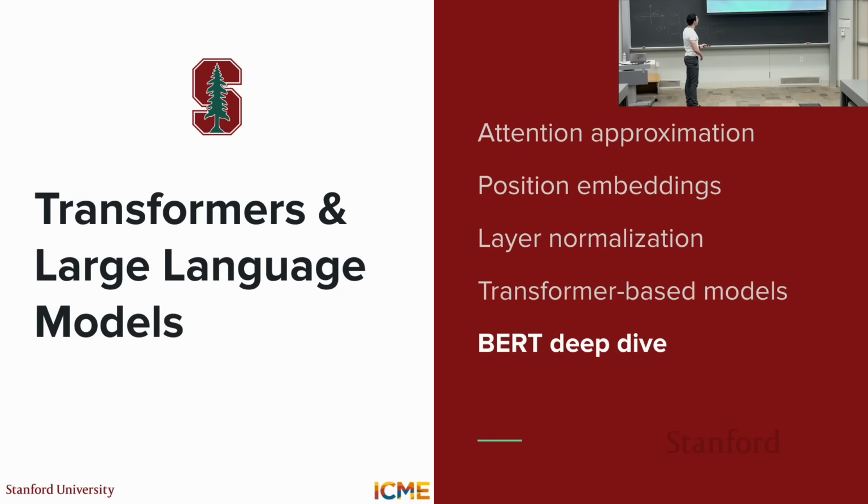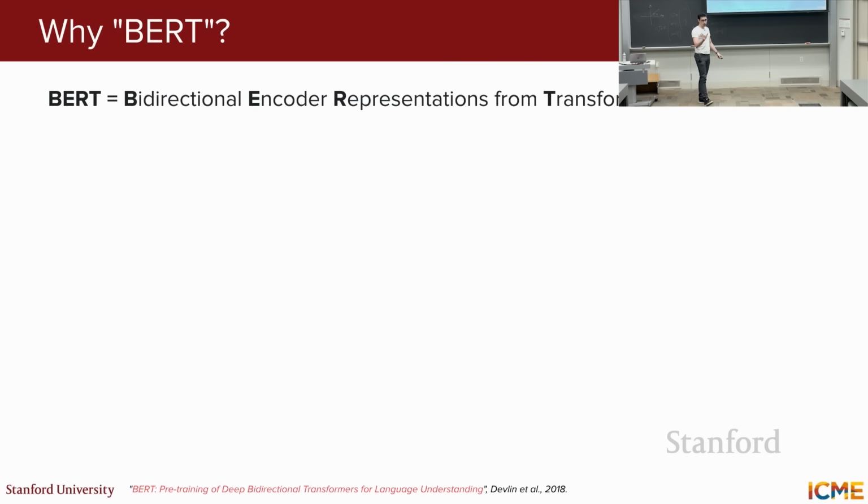Okay, awesome. So now we can dive deep, as promised, into encoder-only architectures and BERT. First, we're going to start by seeing what BERT means. BERT is an acronym that denotes Bidirectional Encoder Representations from Transformers.